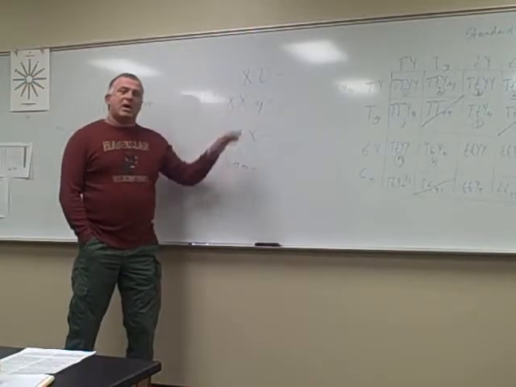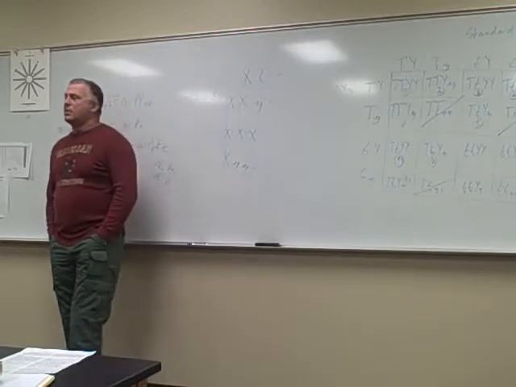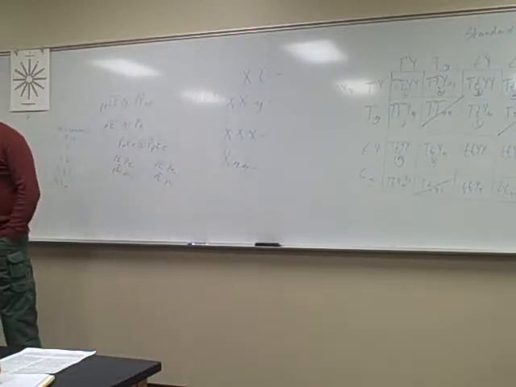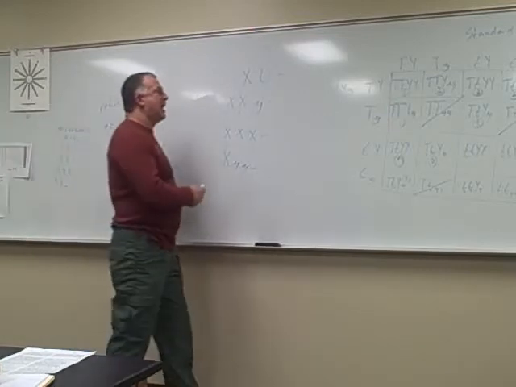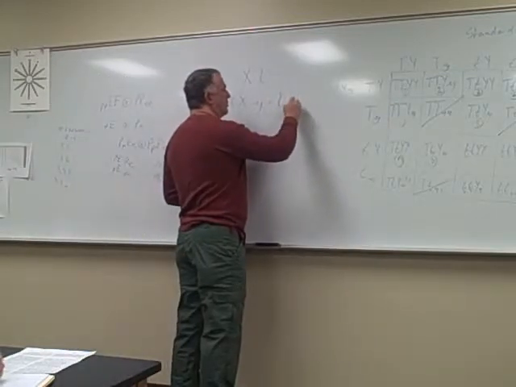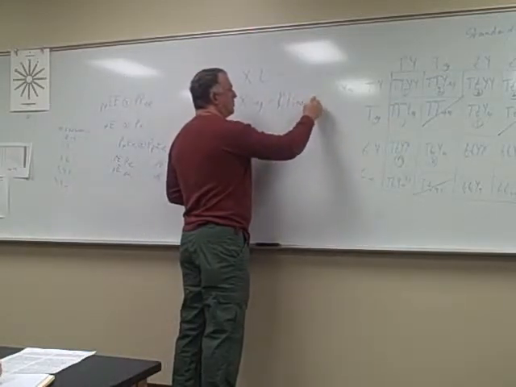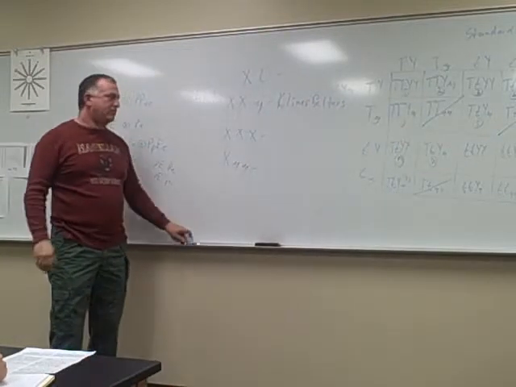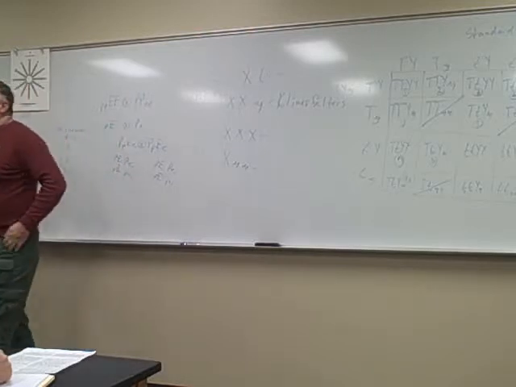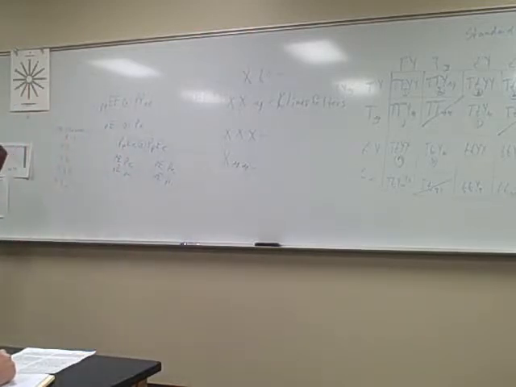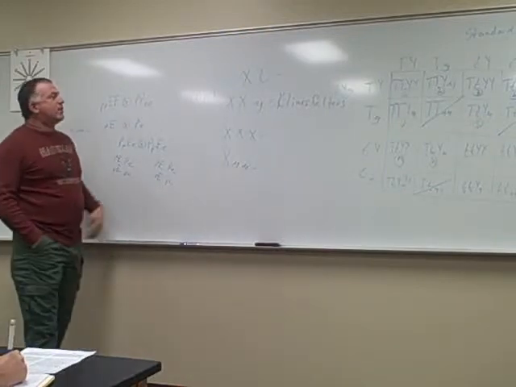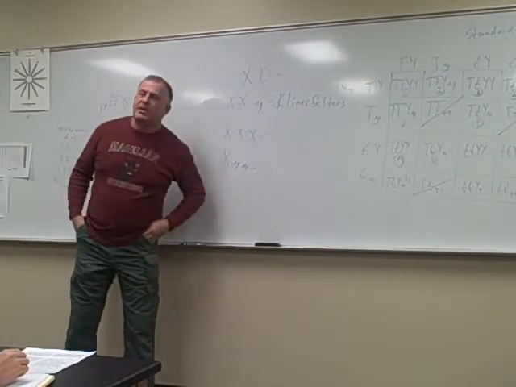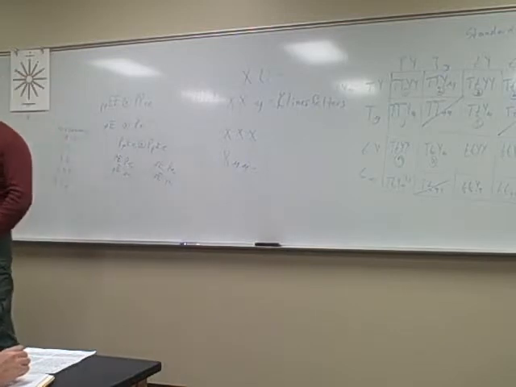Next one, XXY. XXY is Klinefelter's syndrome. This is a man. This is a male. A male with an extra X. That extra X gives this male a little more estrogen than he needs.